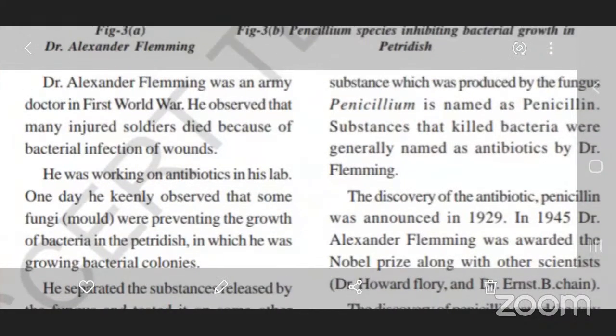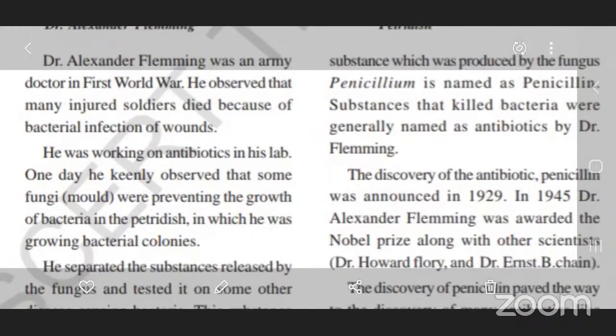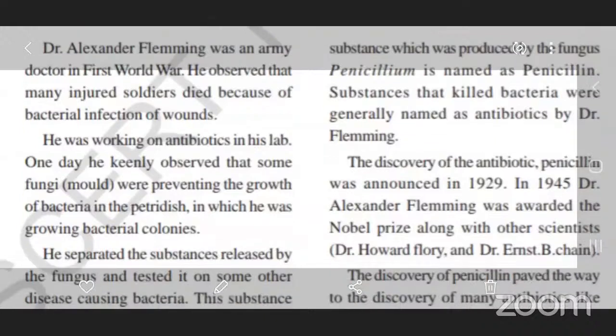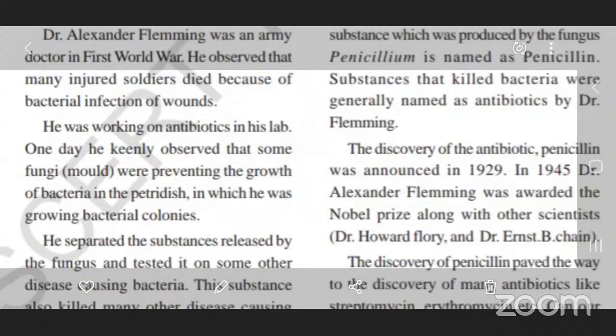He was an army doctor in the First World War. He observed that many soldiers were injured and they died because of bacterial infection of wounds. He was working on antibiotics in his lab. One day he keenly observed that some fungi mold were preventing the growth of bacteria in this petri dish.